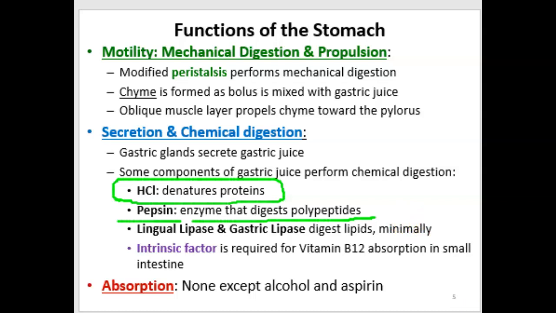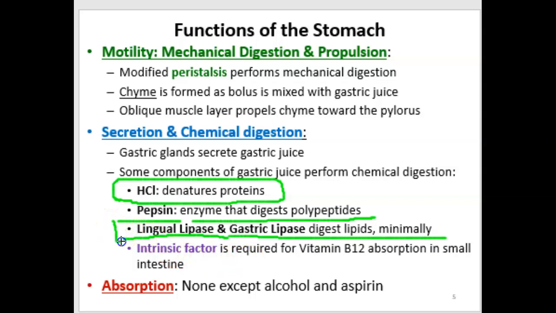But gastric juice also contains enzymes that break down lipids. For example, gastric lipase. It digests lipids a little bit minimally, it doesn't do a lot, but lingual lipase, which was in the saliva, has come down with the food bolus, and it's still there. And it is activated by the low pH in the stomach.